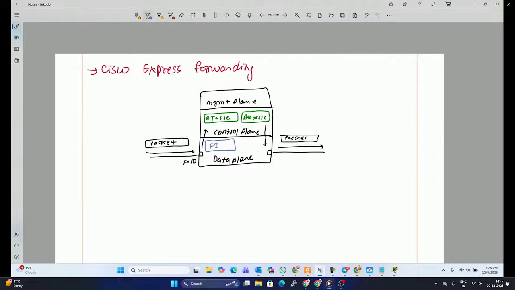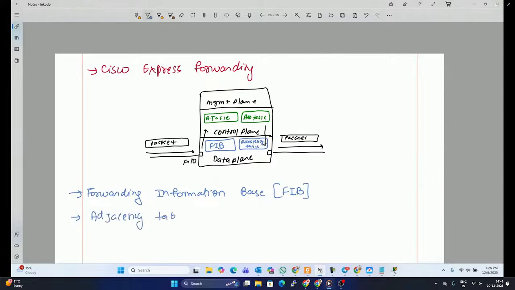One thing is known as FIB and second is known as the adjacency table. And it is always synchronized with the routing table. So FIB stands for forwarding information base, and then second is the adjacency table.